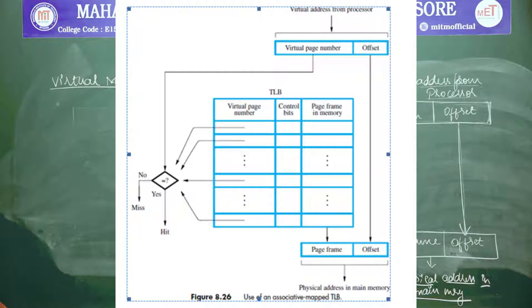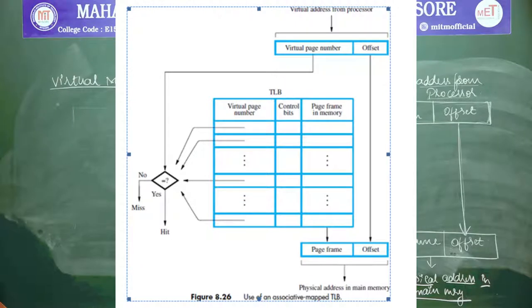So now it shows the possible page implementation. Whichever are the most recently used pages will be stored in your TLB, the translation look aside buffer. So here the associative mapping technique is used. The requirement is that the contents of the TLB, the most recently accessed pages, must be coherent with the contents of the page table in the memory.